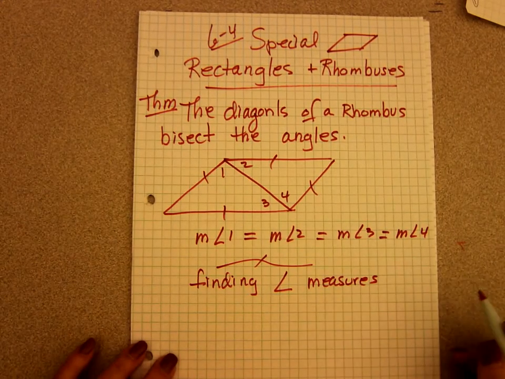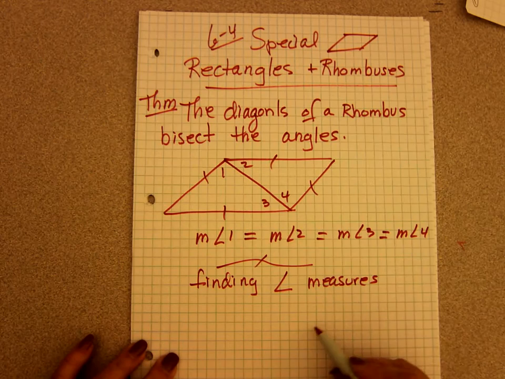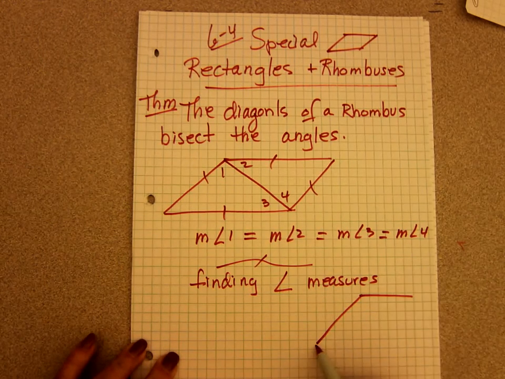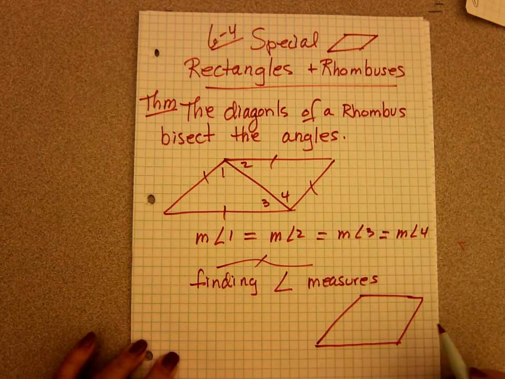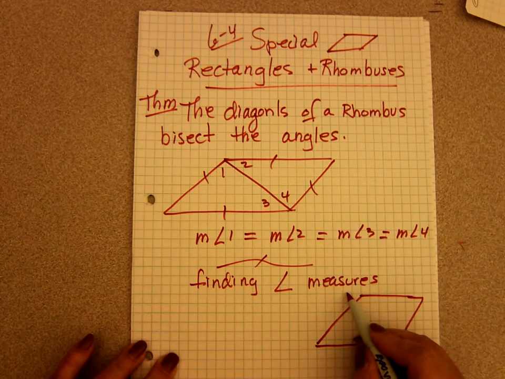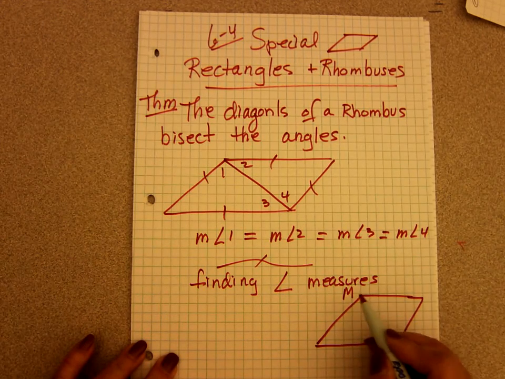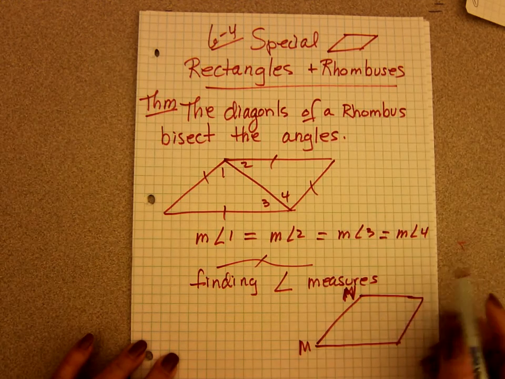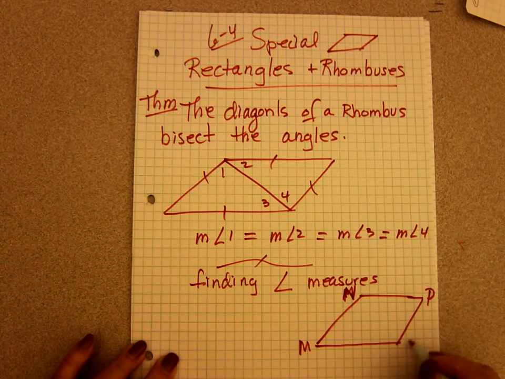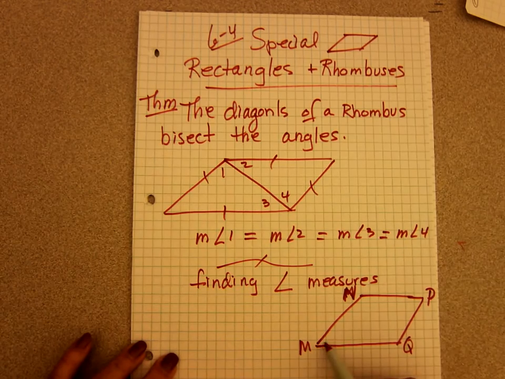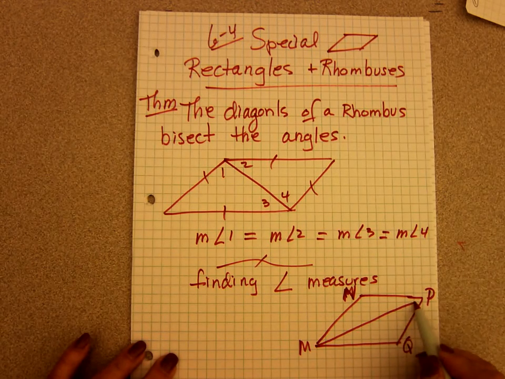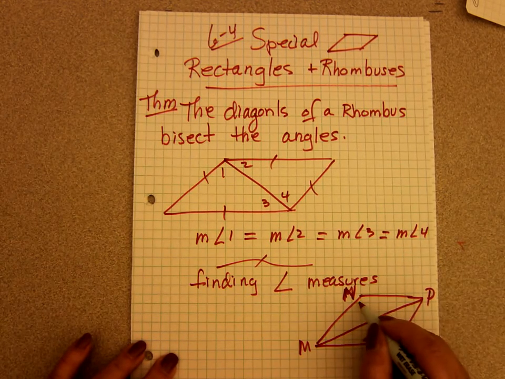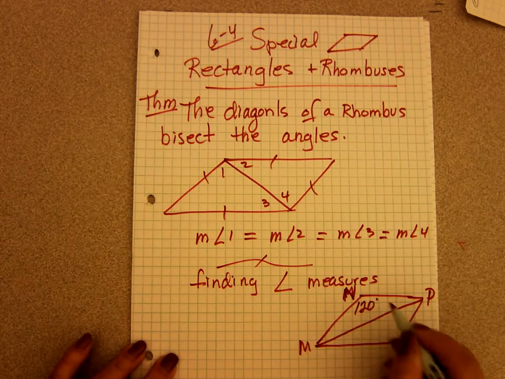So we're going to start with a parallelogram, which is a rhombus, M, N, P, and Q. And this angle here, angle N, is 120 degrees.